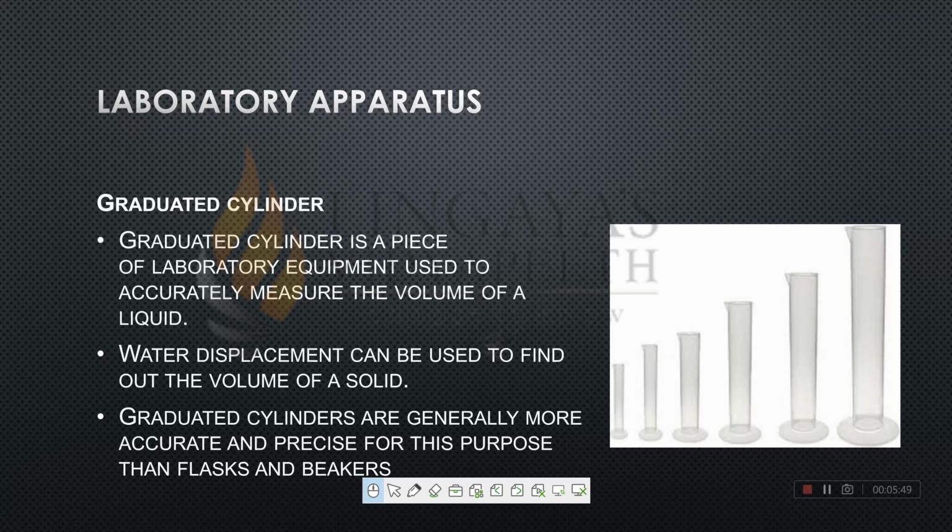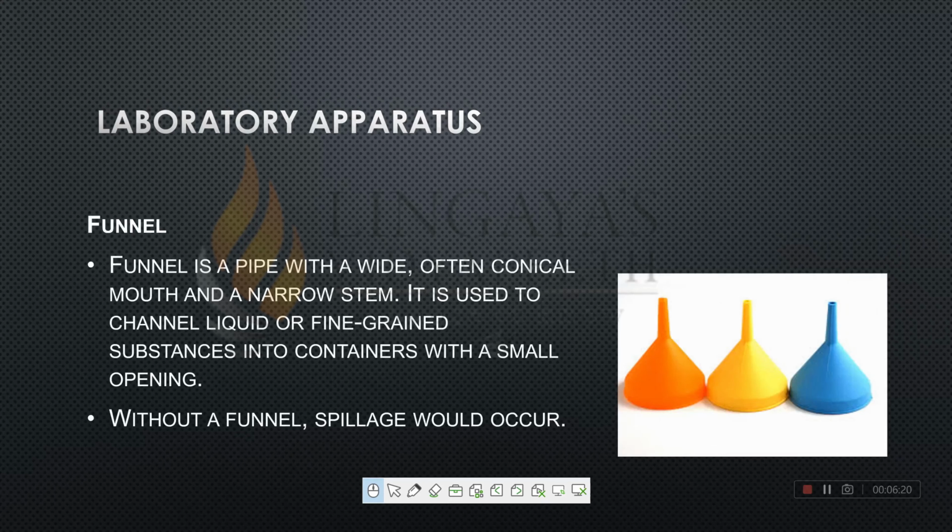It means that it has measurement markings on the cylinder. Suppose we have to make a solution of different concentration, then we measure the solution in this graduated cylinder. Water displacement can be used to find out the volume of a solid. These are generally more accurate and precise for this purpose than flasks and beakers.